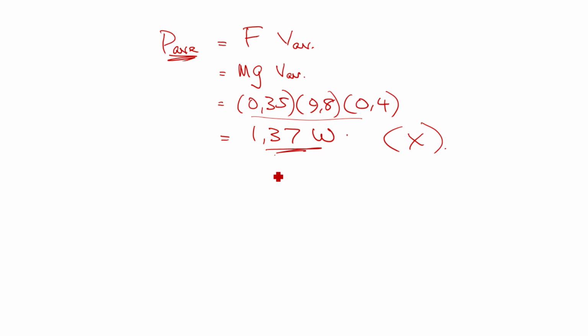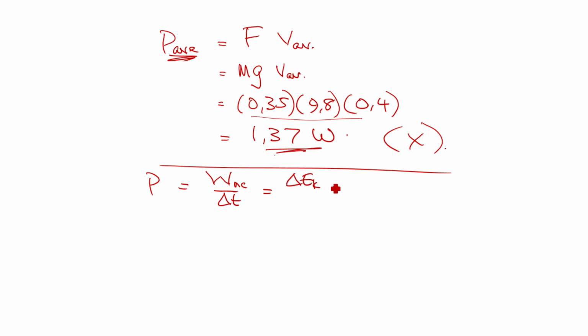I guess the other way we could have done this, and I know there are usually many ways of doing these things: power is equal to the work of the non-conservative forces over delta t, and that is going to be the kinetic energy plus the potential energy over delta t.